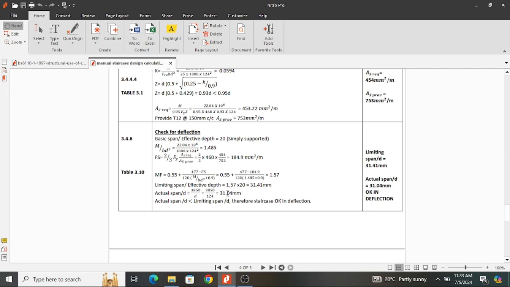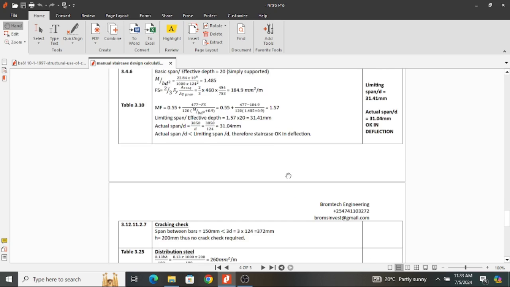Therefore, even if these values are close, the actual span to depth ratio in my structure is less than the limiting one. Therefore, finally, my structure is okay in deflection, and my structure has passed that deflection check.